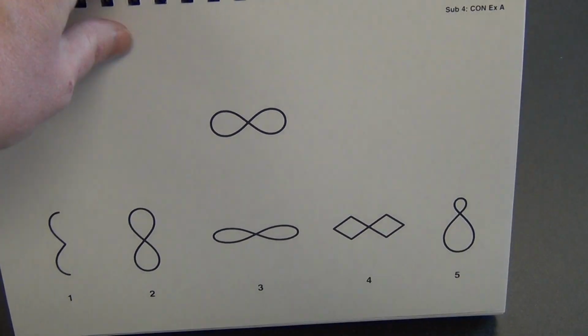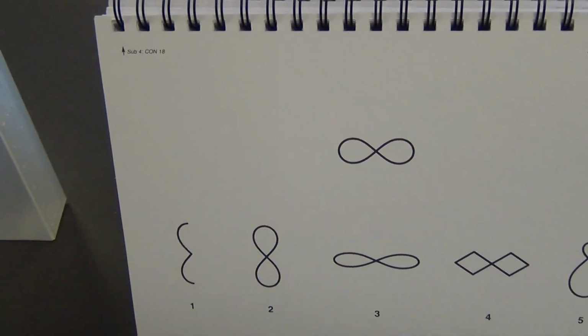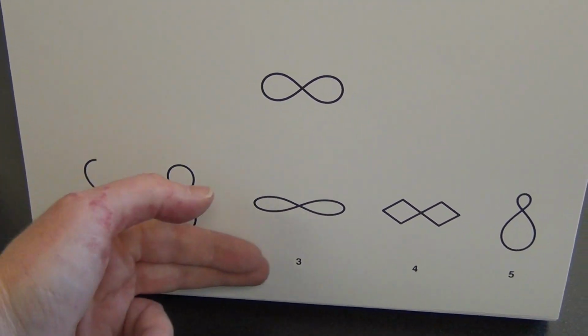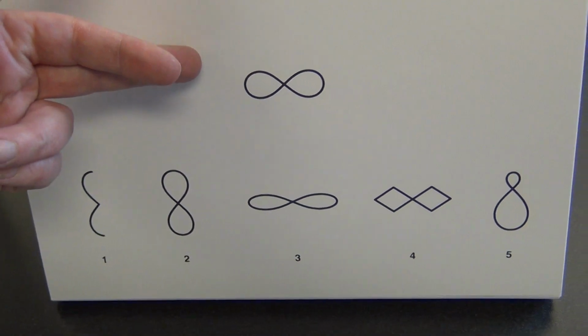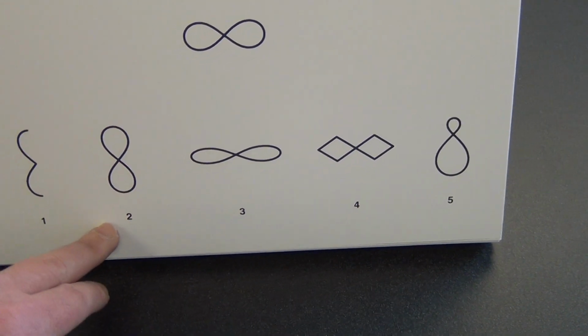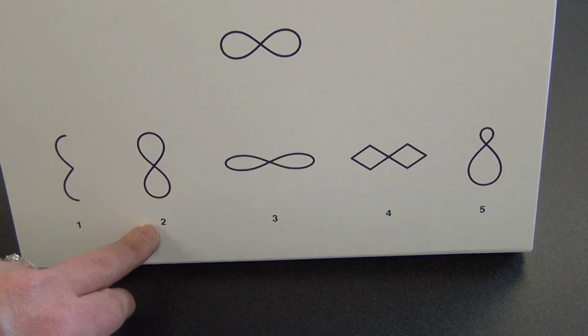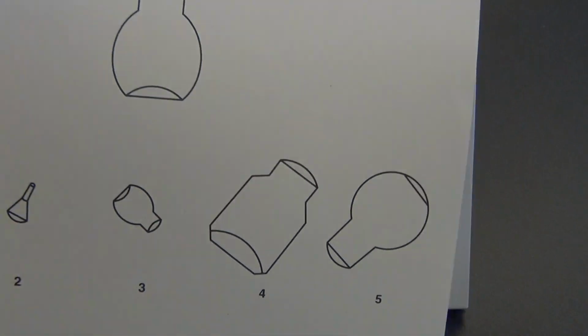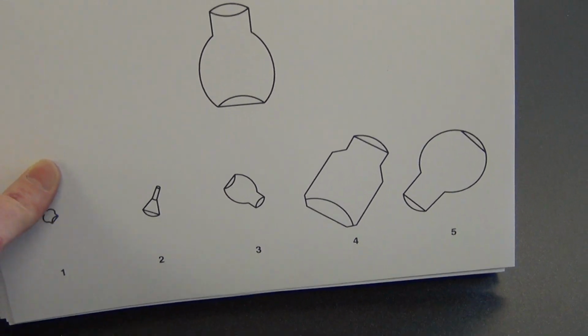Form constancy. Look at this design at the top. Now find it down here. Where at the bottom do you see this top shape? So the answer would be 2. And you're going to keep doing that.